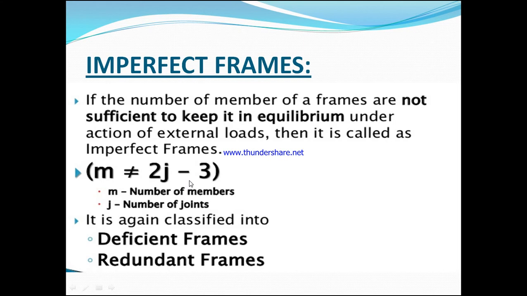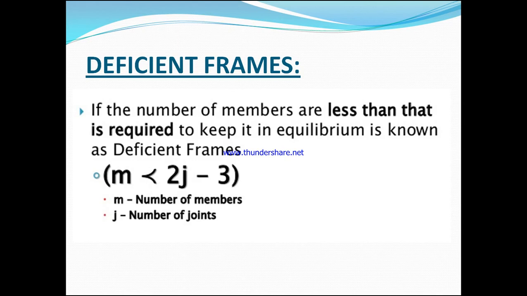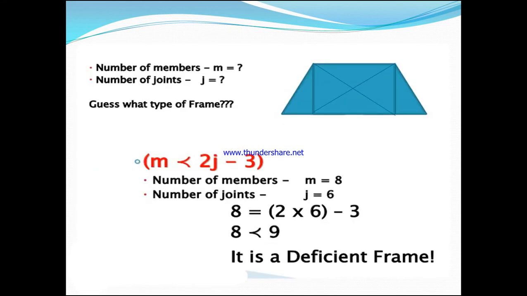Again, these imperfect frames are classified into two types, that is the deficient frames and redundant frames. Now coming to deficient frames, if the number of members is less than 2j minus 3, then it is known as the deficient frame.